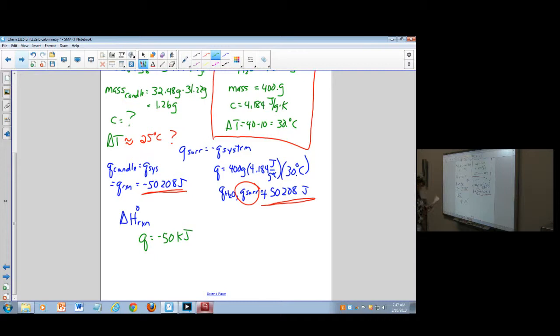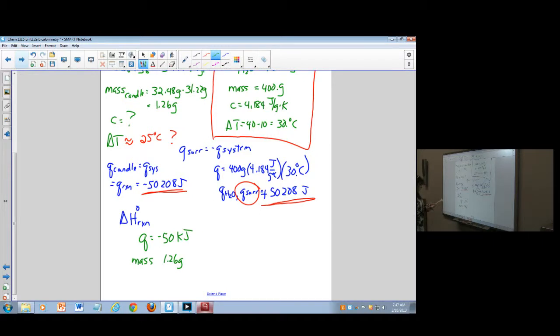Okay. I also know that I had a mass for the candle of 1.26 grams. And I know the molar mass of the candle.